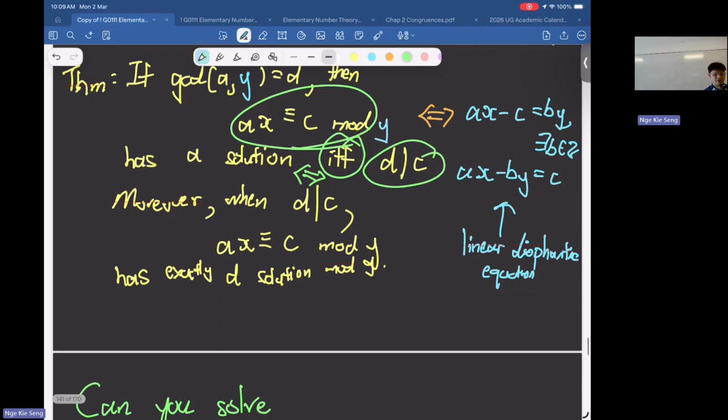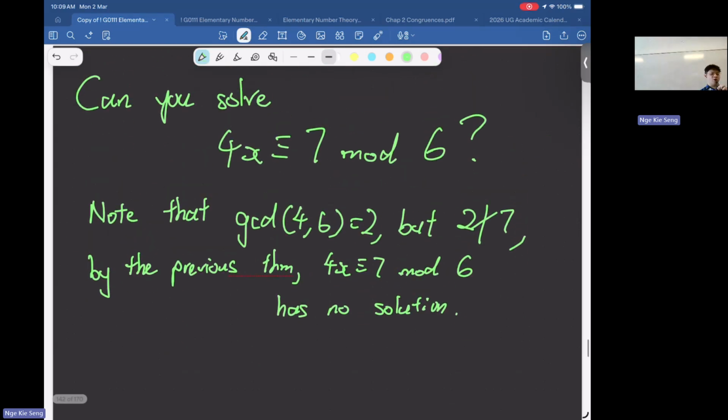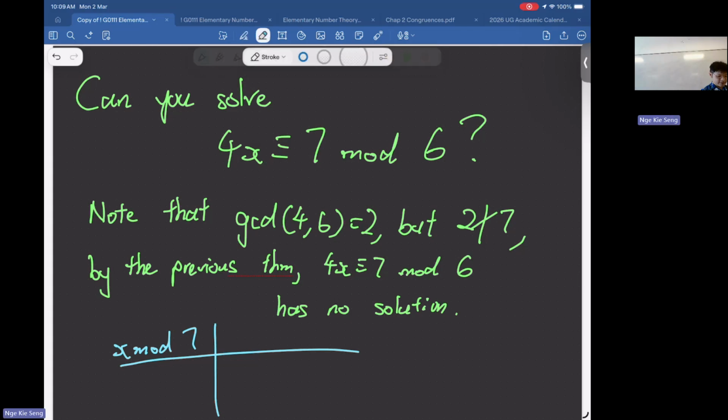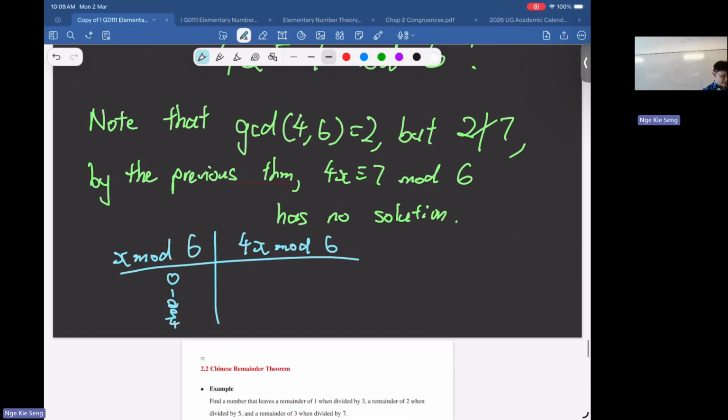If you don't believe me, try your own experiment, meaning you just go and check it by brute force. In this case, mod 6, there are 0, 1, 2, 3, 4, 5 as choices.